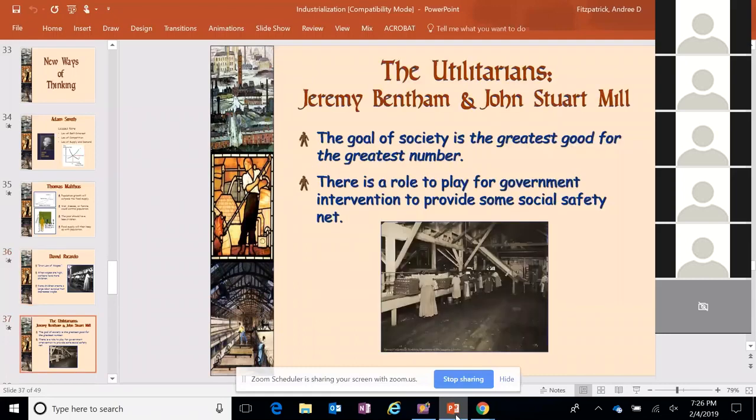Okay, so those were the folks on the right of the response to the Industrial Revolution.